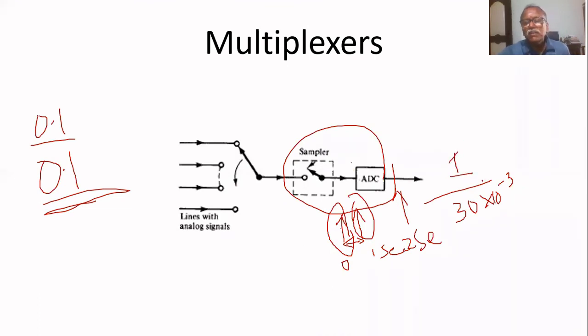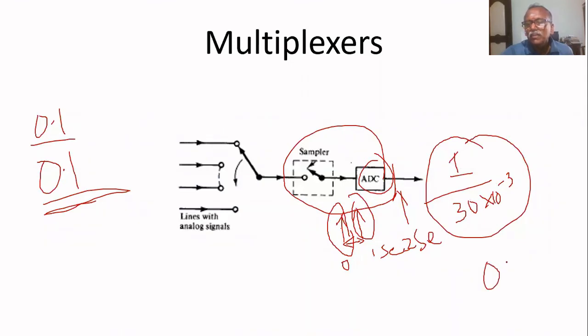If it is sampled at 1 second, then how many times can the ADC convert? The ADC can convert 1 by 30 milliseconds, that is 0.03, multiplied by 10 power 3.